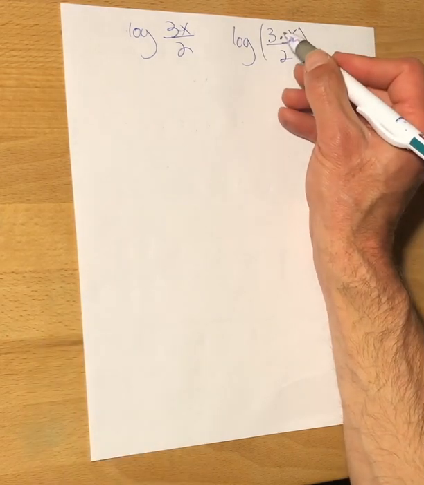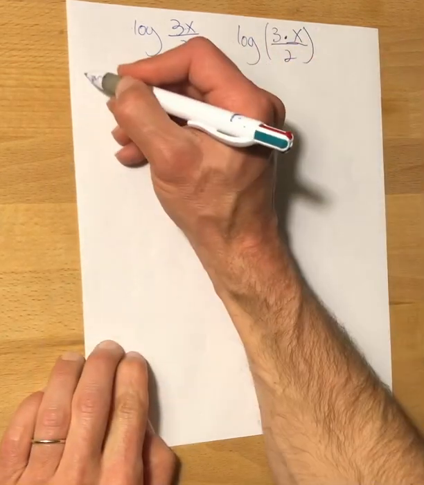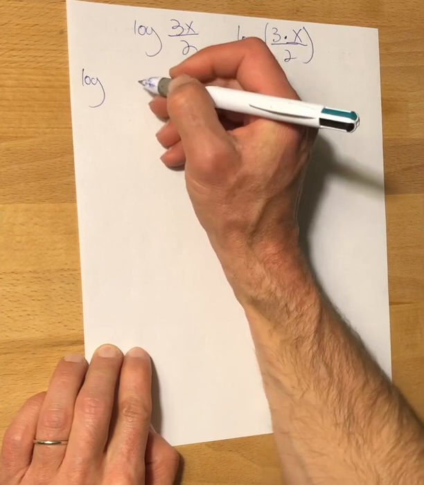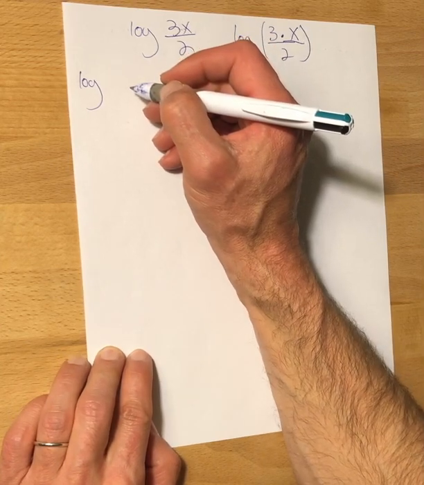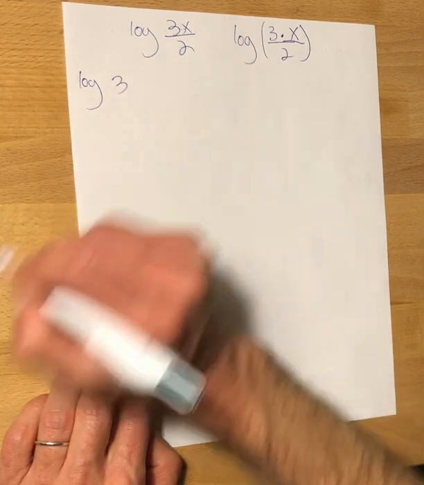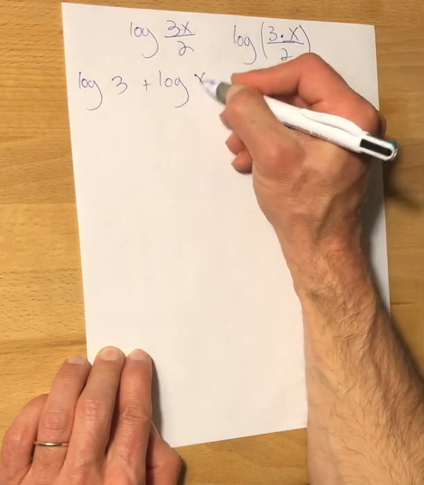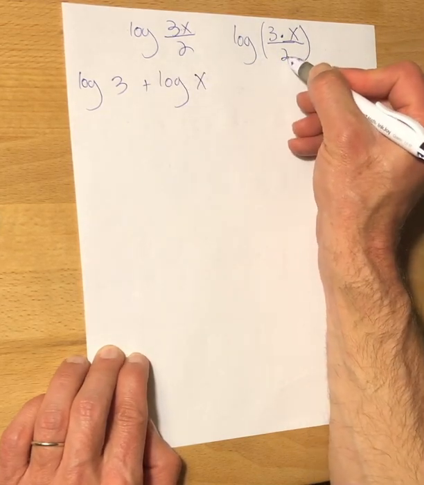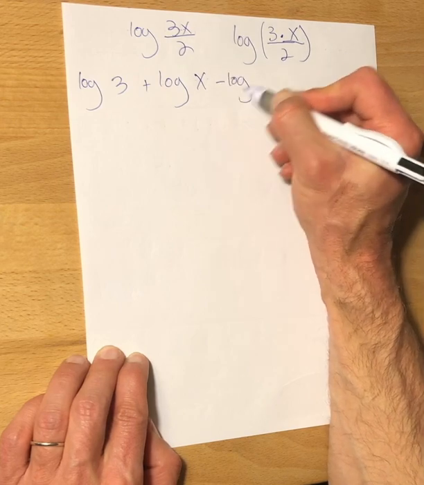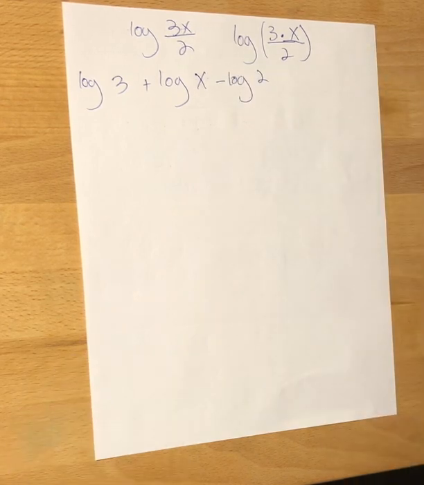Now, when you multiply, you add: log 3 plus log x, and this is the log that's on the bottom, so you put that as a minus log 2.